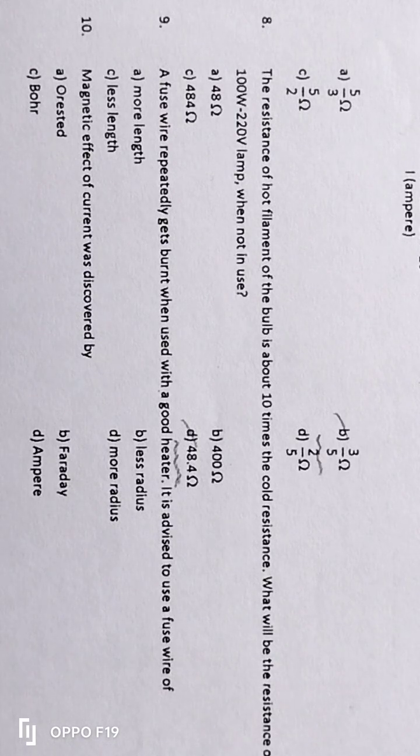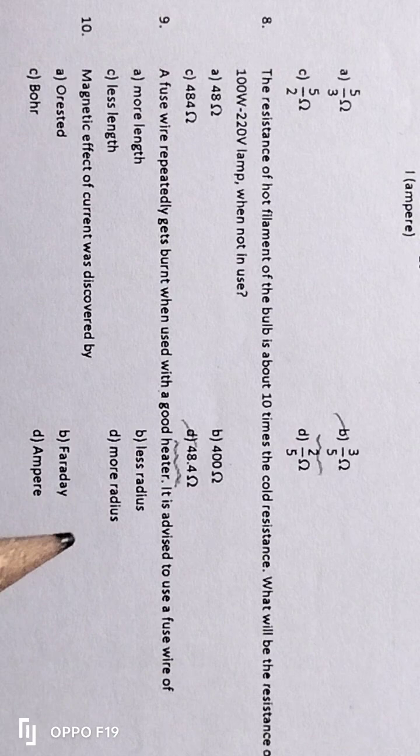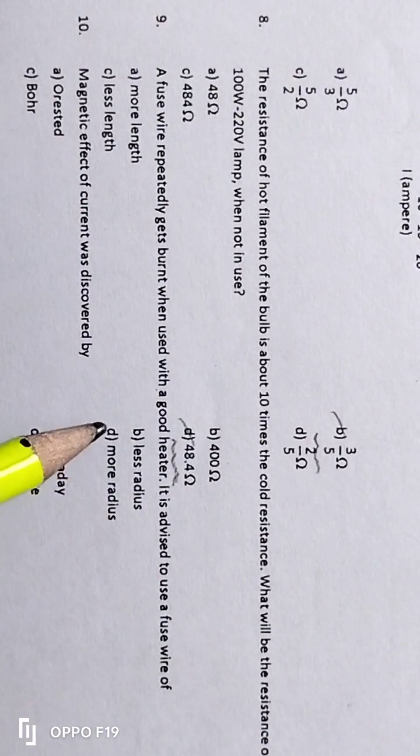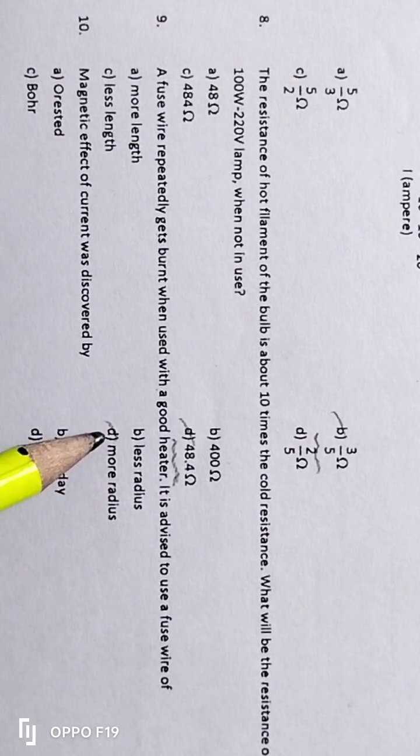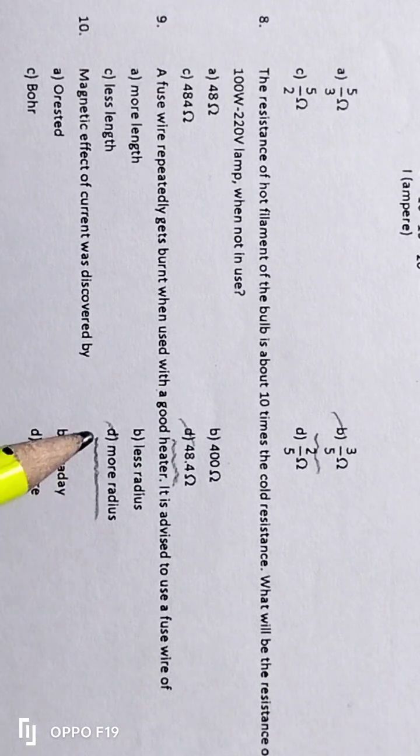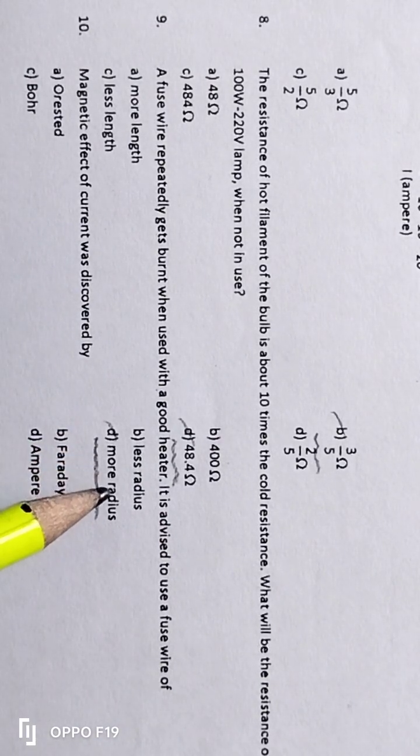The heater is good, but the fuse wire is melting always, so what we have to do is use a fuse wire of more radius. More radius means a thick wire. If you use more radius, the diameter will be more, and as the diameter will be more, its thickness will be more. Therefore the correct option is more radius.